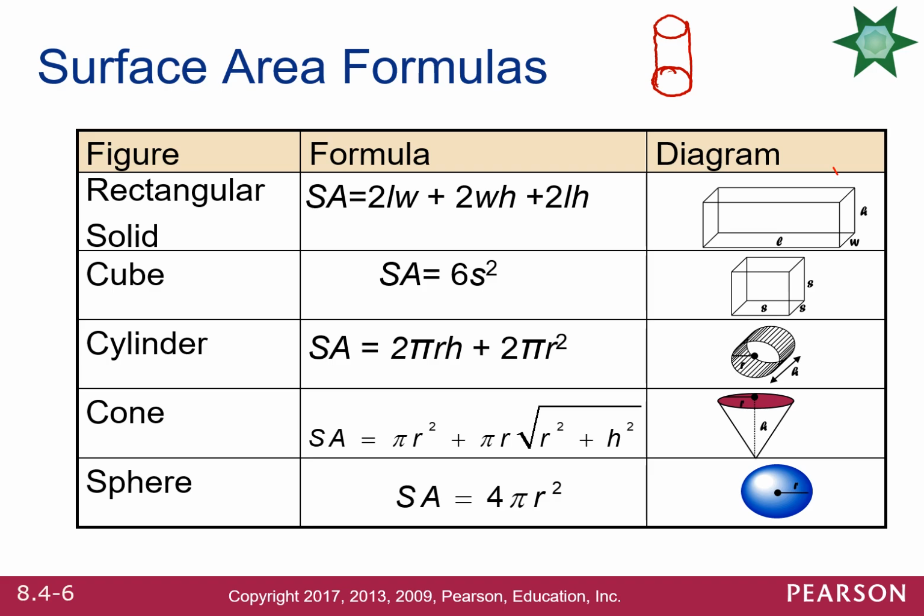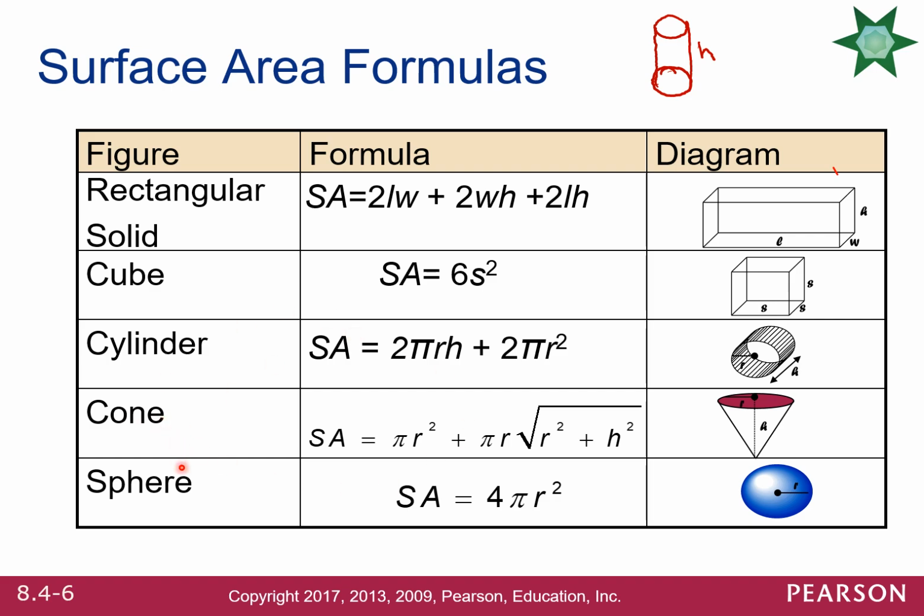A cylinder has a height to it. So 2 pi r times h is the area in between the top and the bottom, and then to it we add the areas of the two circles. Again, this is a closed cylinder, all right?